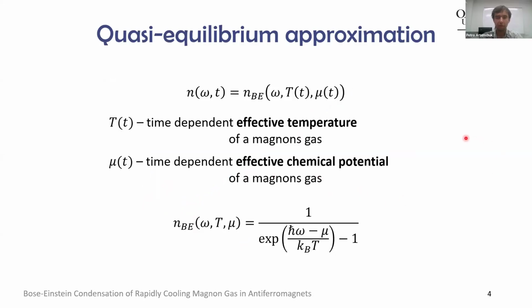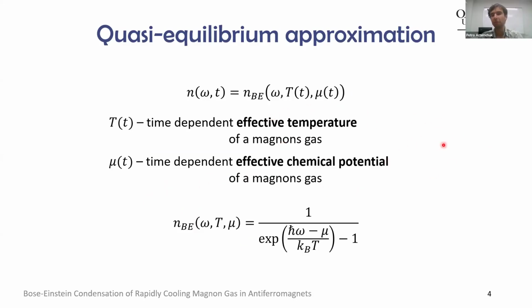While considering the thermalization process of magnons, we used a quasi-equilibrium approximation when we were describing the magnons. So basically, we describe the magnon gas with a certain effective temperature and an effective chemical potential.